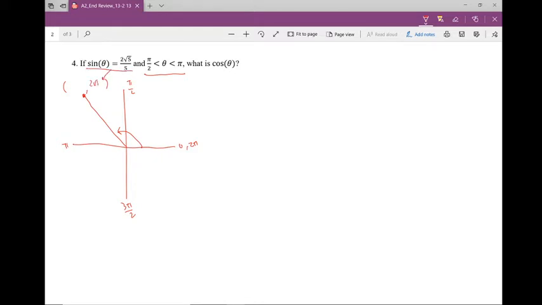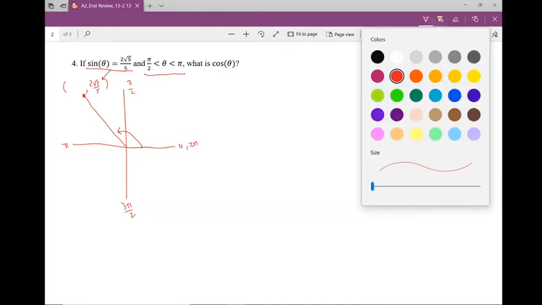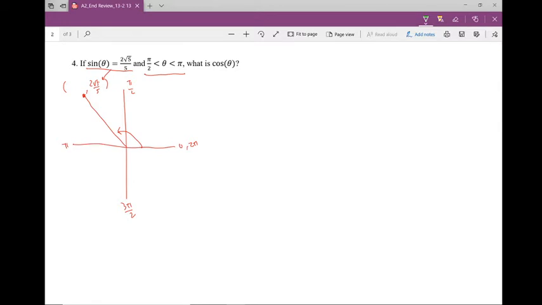It's going to be 2 square root of 5 over 5. How are we supposed to use this to find the x value? Well, there are two ways to do this. We're going to start by drawing the right triangle. We're going to find out theta, and for this reference angle, we're going to use theta prime.